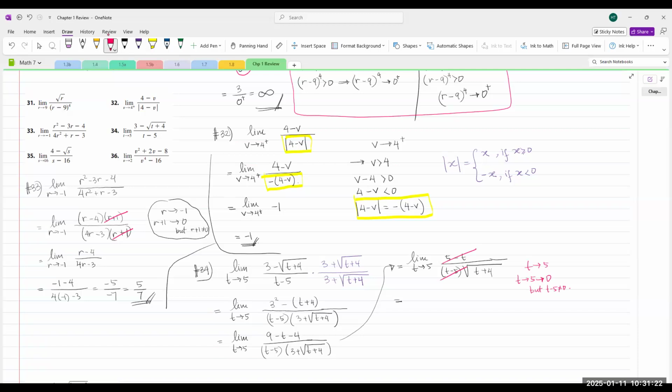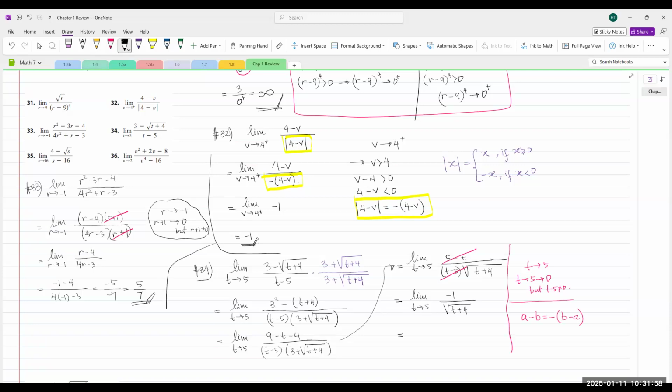So when we do the cancellation there, we get an extra negative 1, which is negative 1 over square root of t plus 4. Maybe I explain a little bit. A minus b is the opposite of b minus a. So if we subtract in reverse direction, like t minus 5 and 5 minus t, they are actually opposite. When we cancel them, we get an extra negative 1.